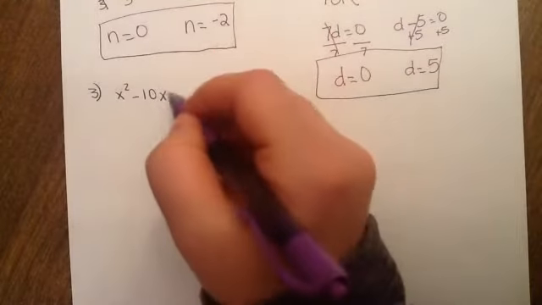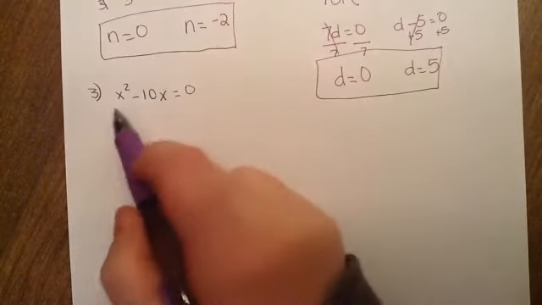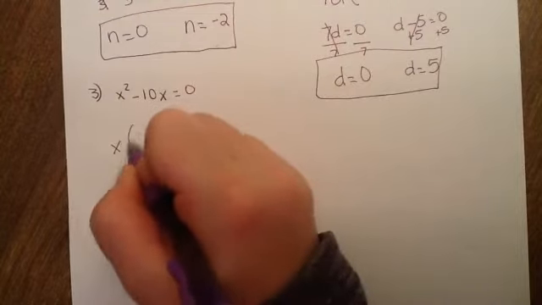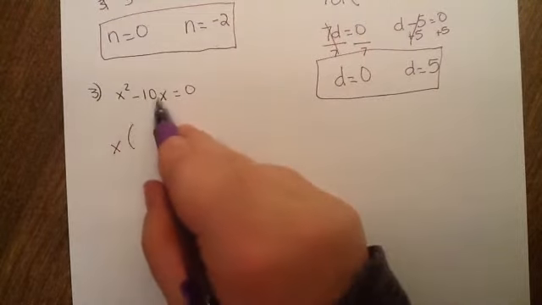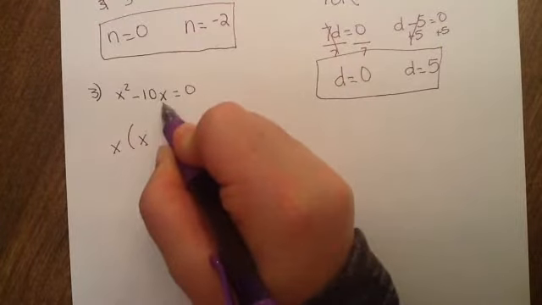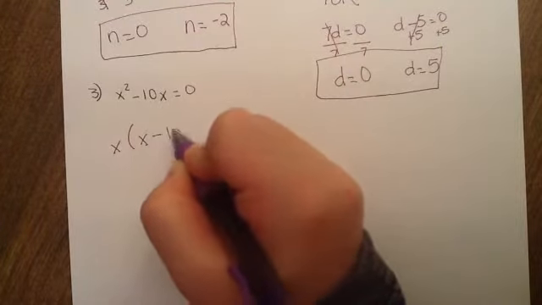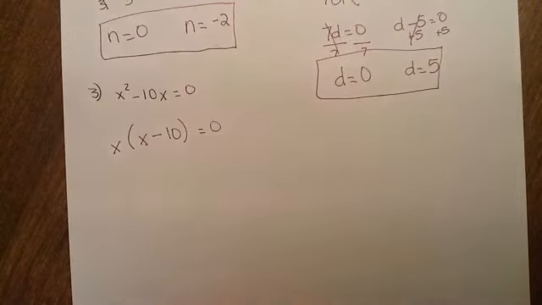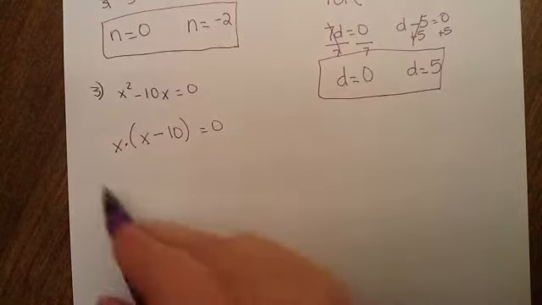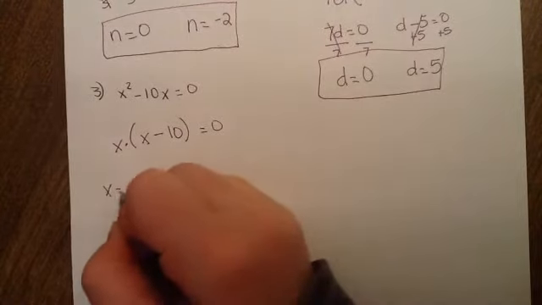The first thing we had to do, if I want this to equal 0, what can I take out of these? An x. What's left when I take out an x? X, and take out an x here, minus 10. If I want it to equal 0, both parts have to equal 0.